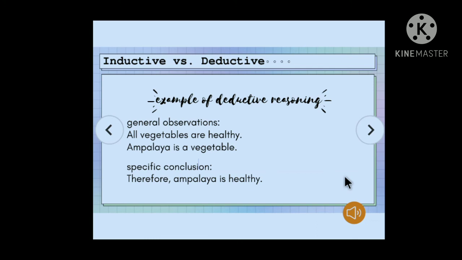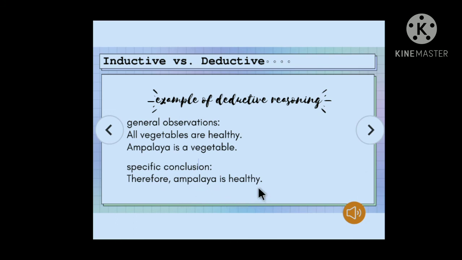As for the example of deductive reasoning, it starts at a general observation and will end up in a specific conclusion. The general observation that we have is all vegetables are healthy. Ampalaya is a vegetable. And our specific conclusion for that general observation is, therefore, ampalaya is healthy.